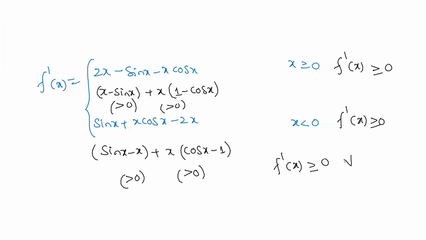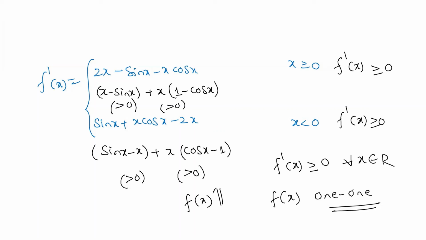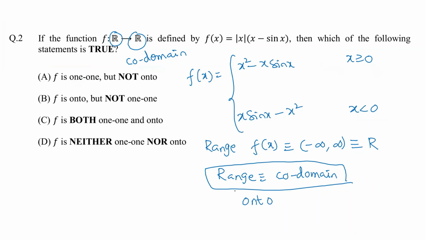So we got this for all x belonging to real numbers, and this says the function f of x has to be a one-to-one function, because this is the property: if f dash of x is greater than or equal to 0, f of x is a strictly increasing function. So f of x has to be one-to-one. And what we got here is that f of x is one-to-one and onto. So that makes the answer for this question option C, right? So f is both a one-to-one and onto function.